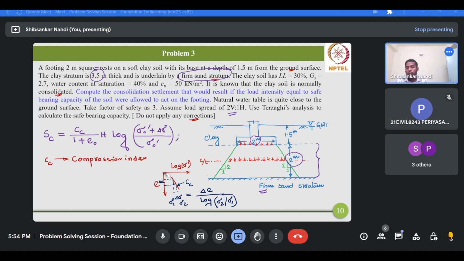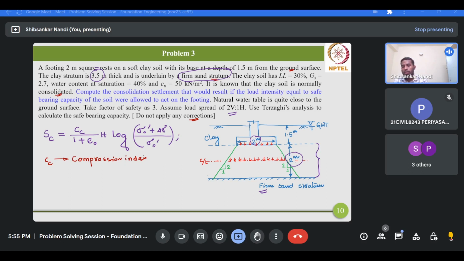However, in this problem statement, this kind of data is not given, meaning how much change in void ratio is due to how much change in loading. Then how can we determine this compression index?